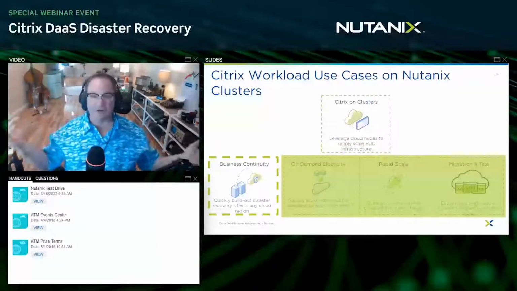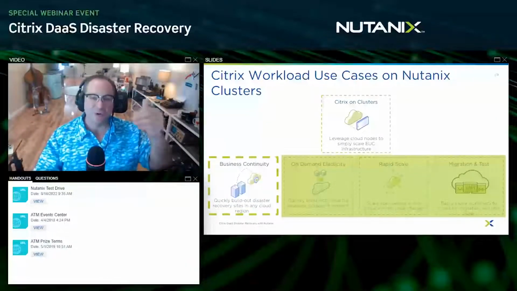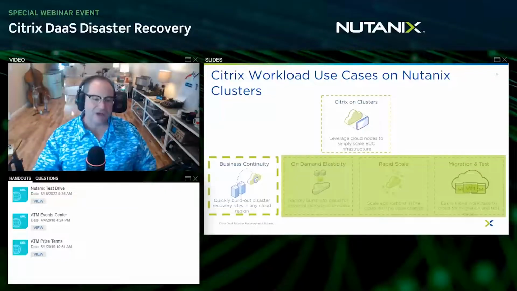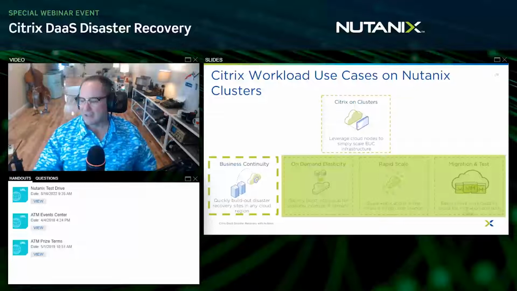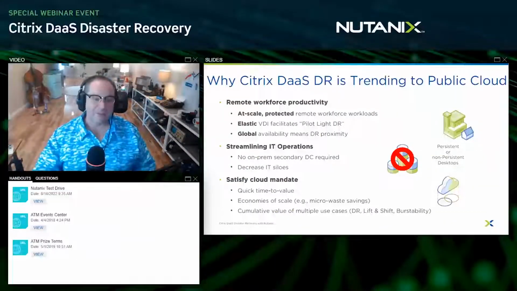Do they just run roughshod and deploy them out at will? Or do they actually go through a testing environment? This is a great, great, great use case for Citrix workloads on Nutanix clusters. It is awesome. But we're talking about business continuity today. Like I said, if I can convince Jess to let me back, we'll talk about some of the other ones.